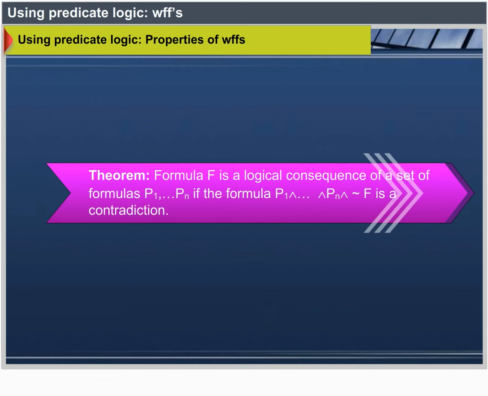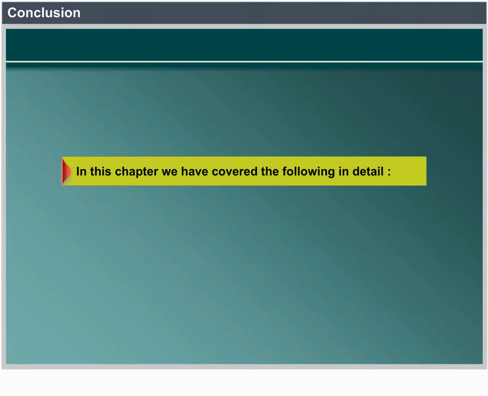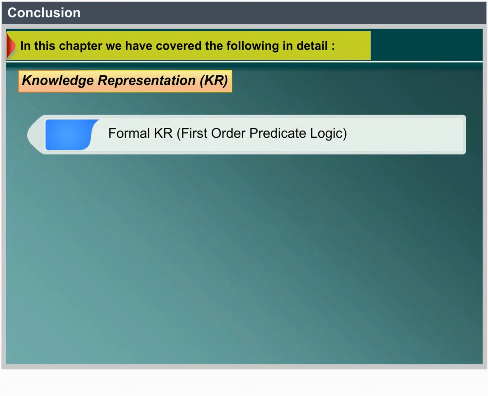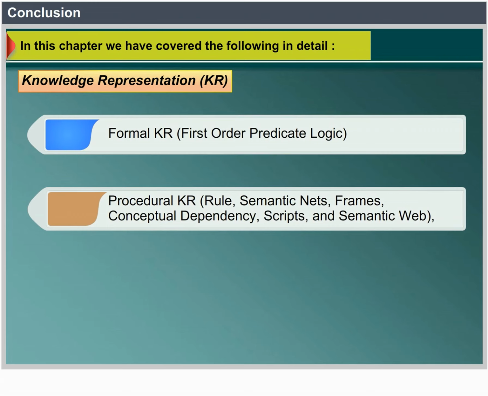Conclusion. In this chapter, we have covered the following in detail. Knowledge representation, KR. Formal KR, first order predicate logic. Procedural KR, rules, semantic nets, frames, conceptual dependency, scripts, and semantic web.